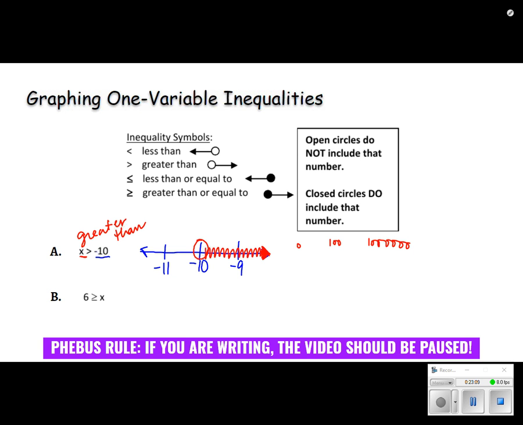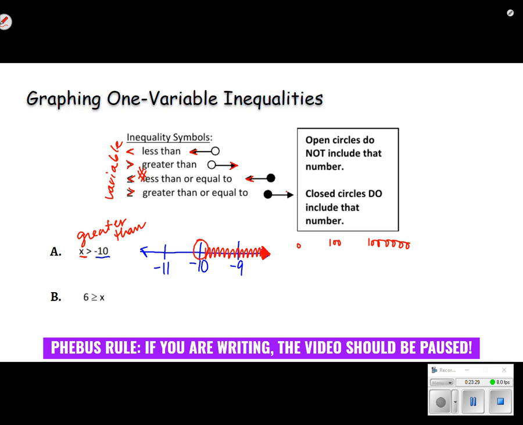Now, when you look at these symbols and you have the variable over here to the left of the symbol and the number to the right of the symbol, this will point in the direction of the shading. That points to the right, the shading's to the right. Points to the left, shading's to the left.